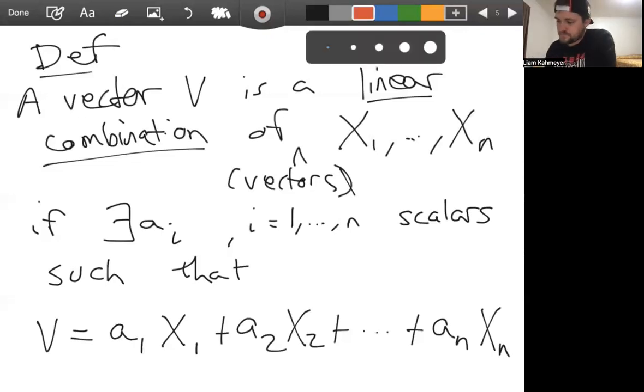And here, I don't want the notation to take away from the understanding of the statement.